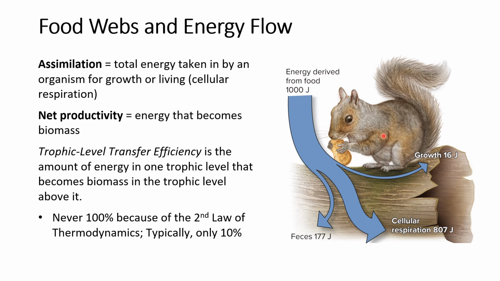So that's why we say about 10% of the energy that you consume in your calories will actually be used for growth and activities that you need for the day, which is why if you ever look up your caloric requirements for your own personal diet, you'll see that bare minimum you need as many calories as 10 times your body mass. For example, if you are 100 pounds, your basal metabolic rate requires that you eat about 1,000 calories a day.